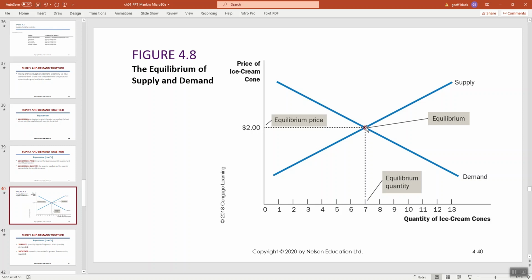It's the same, 2 and 7, or typically x, y, so 7 and 2. That's a really interesting point. Every other point in this entire graph, they aren't the same. Only at one singular point. This is the equilibrium price and quantity. It's pretty neat.